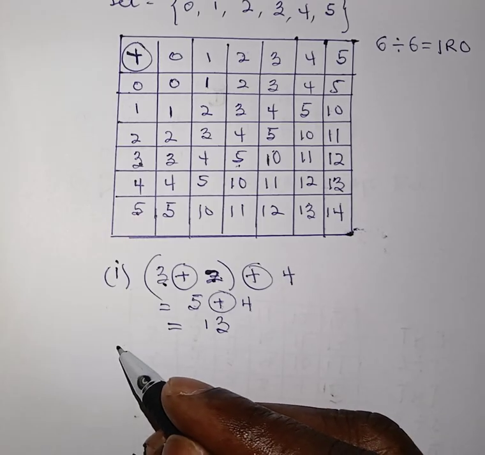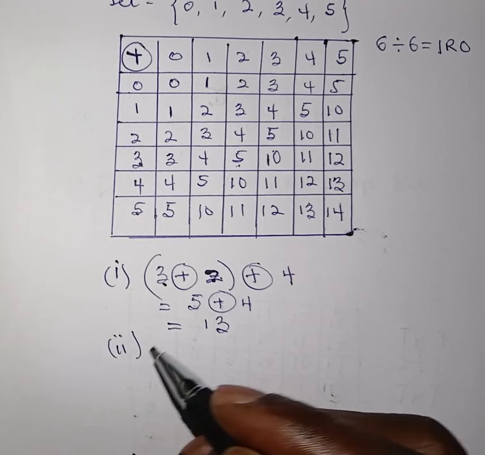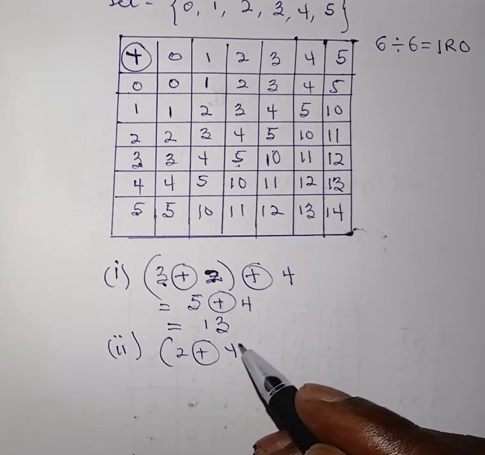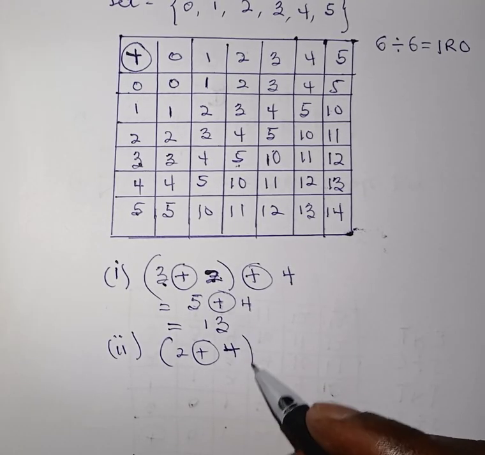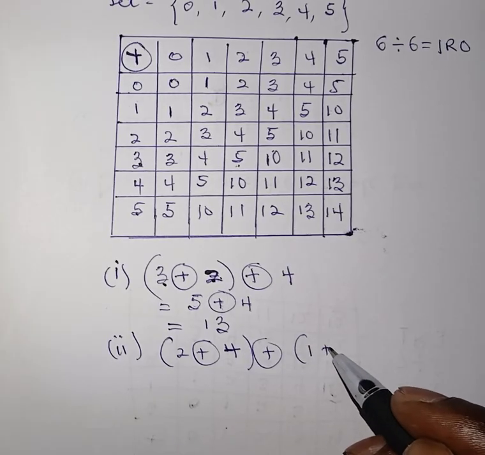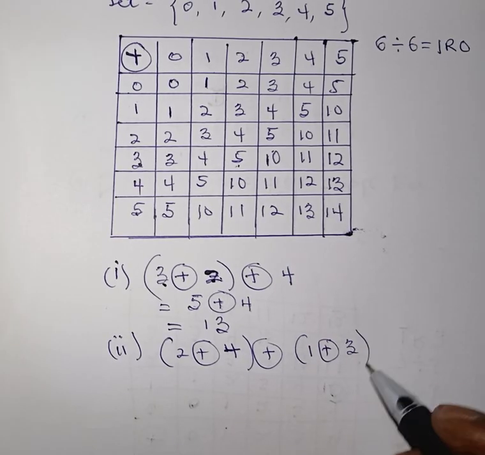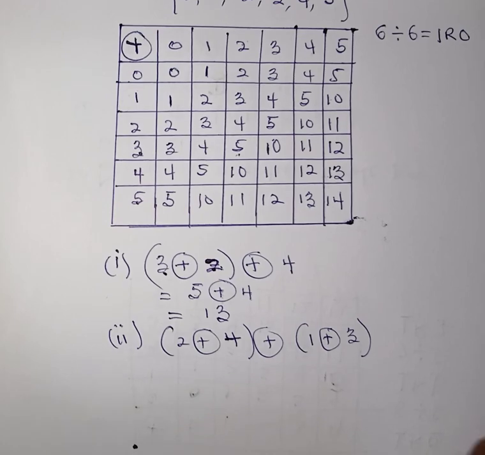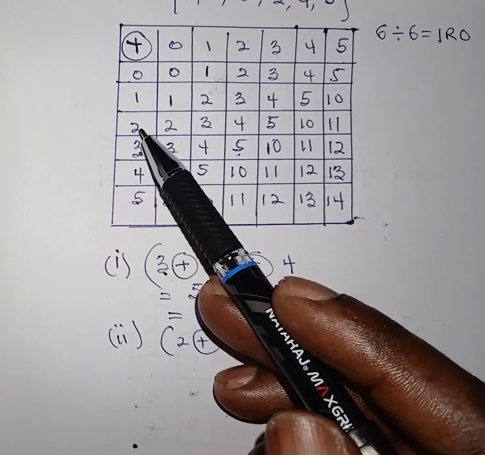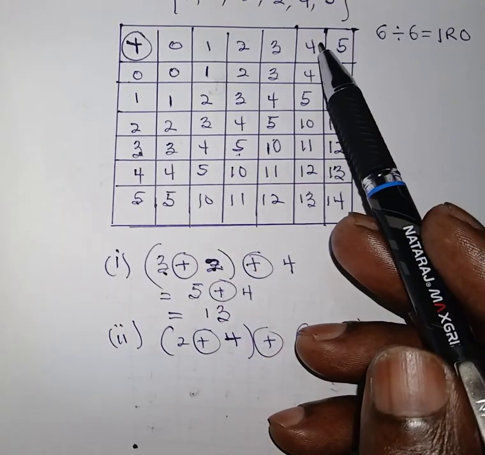the second one, which is 2 plus 4 plus 1 plus 3. So for this one we do what is in the bracket first. So 2 plus 4. Now on my table we see that we have 2 here and what is 4.